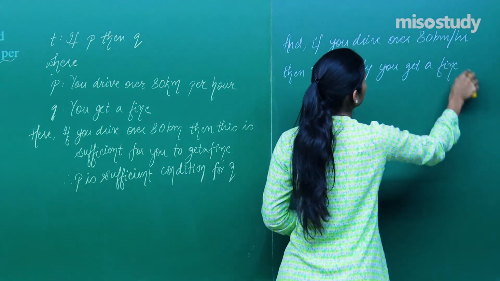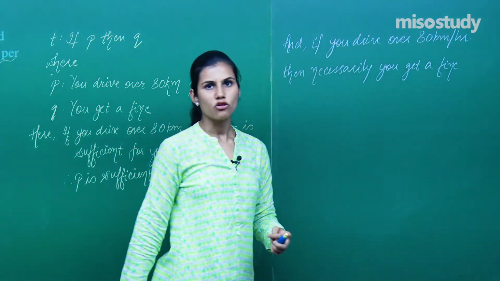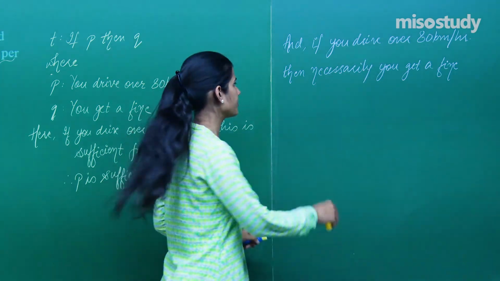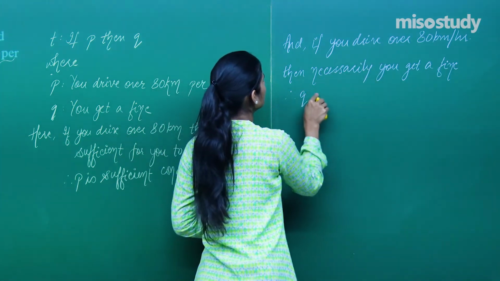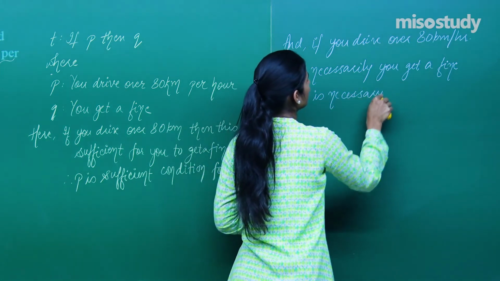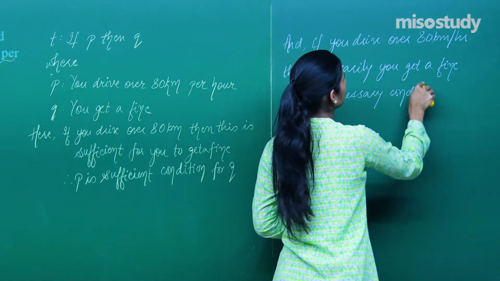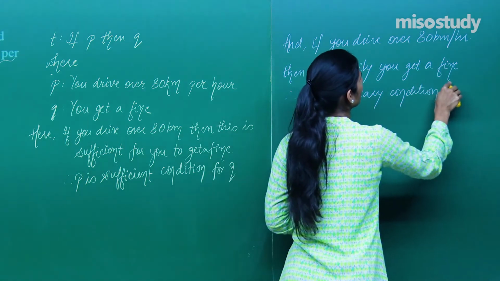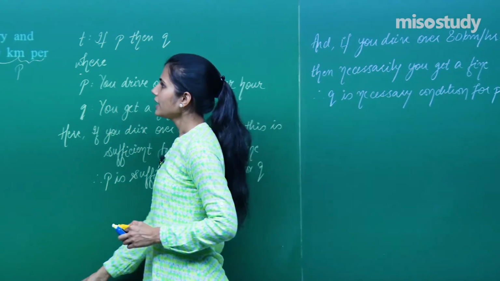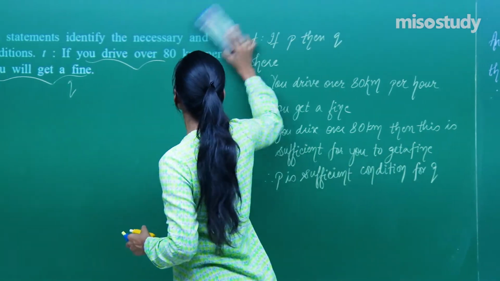So, getting a fine is a necessary condition for the very situation of driving over 80 kilometers per hour. Therefore, Q is a necessary condition for P. Is it understood? That's how you write the necessary and sufficient condition.